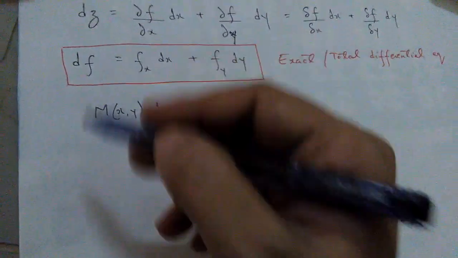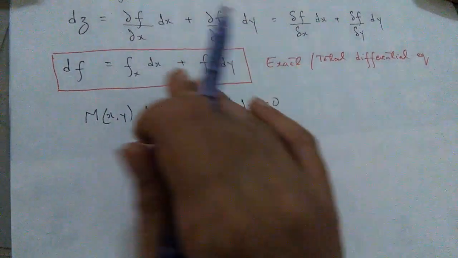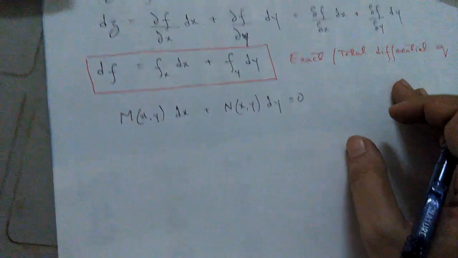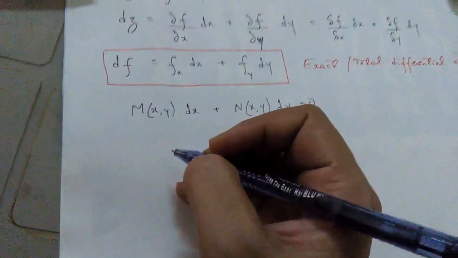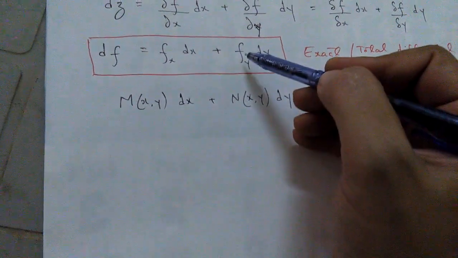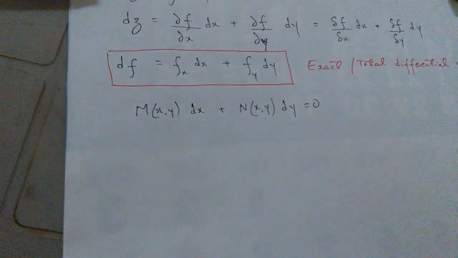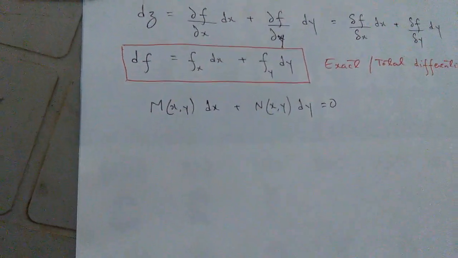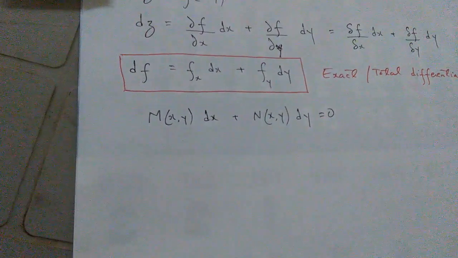If I just compare this equation with what I've just enclosed in a box, and assume that this could be f of x, this could be f of y, is this really an exact differential equation or not? So we have to make a check over here. So what is that check?